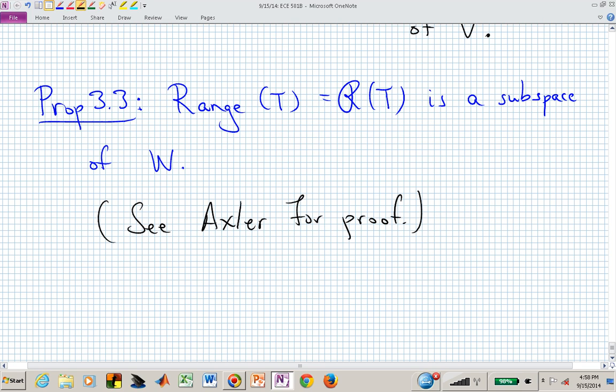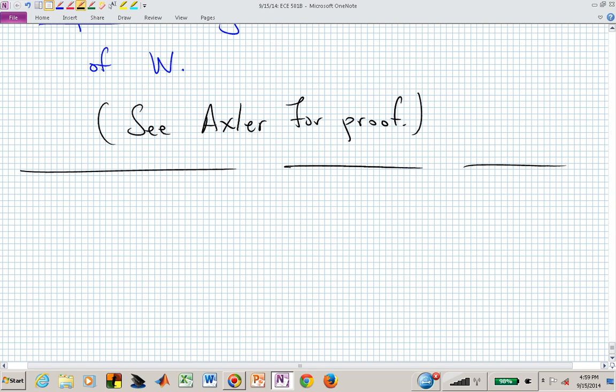Now that we have this range space concept, let's introduce another term, which is closely connected to the range space because it has an R in it, surjective for range.